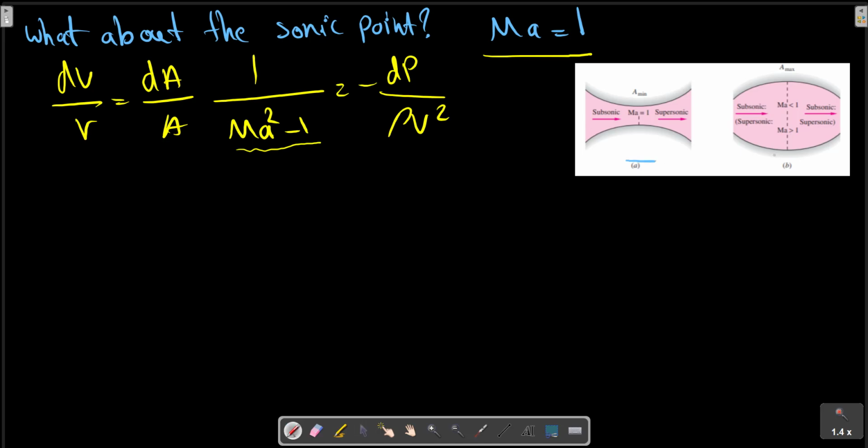Using the rules in the previous description for area change and this relation, first we have dA smaller than 0 in this area, and we have a minimum of area here.